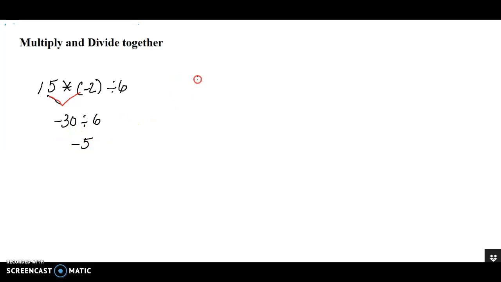Now, when we take a negative 8 divided by 2 and then multiply it by negative 7. Okay.